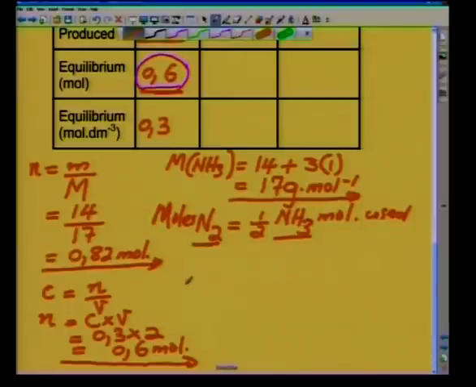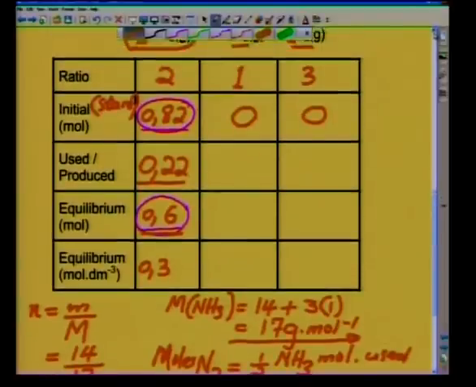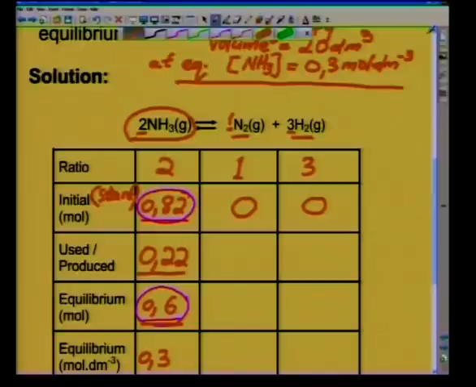Let's also look at what happens to the moles of H2. That one will always be 3 over 2 of the NH3 moles used. So this is what we get from the ratio: 1 over 2 and 3 over 2. Where does that come from? 1 over 2 for nitrogen, 3 over 2 for hydrogen. That's where it comes from.